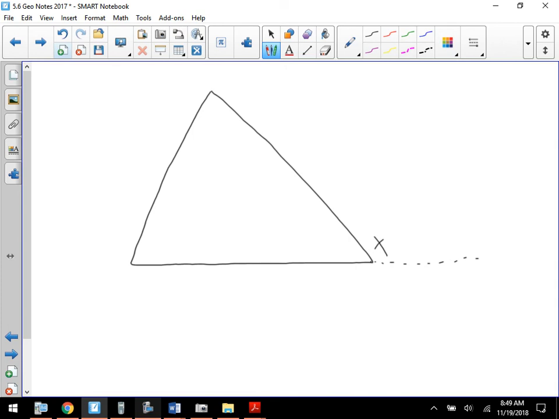Okay. So this thing is exterior. Anyway, you have what's called an exterior angle. We use this a little bit in this section also.